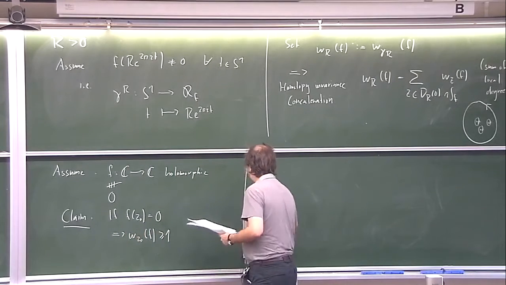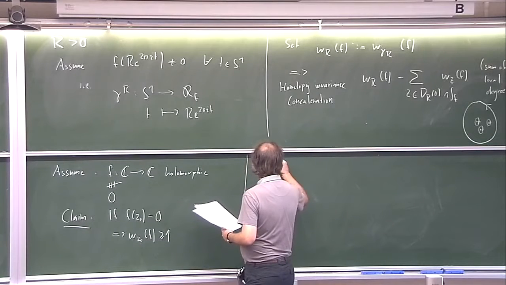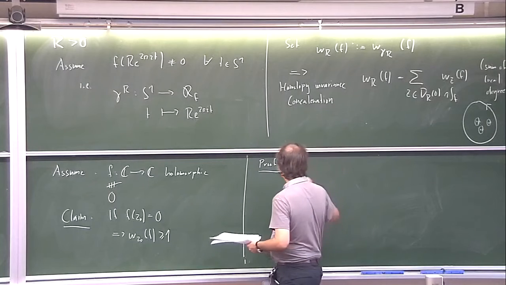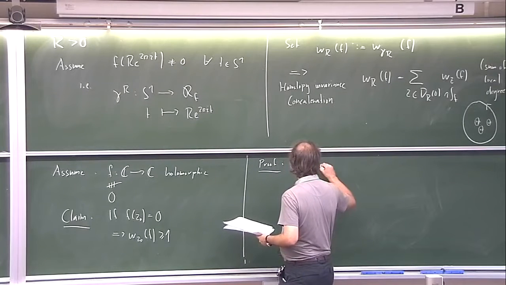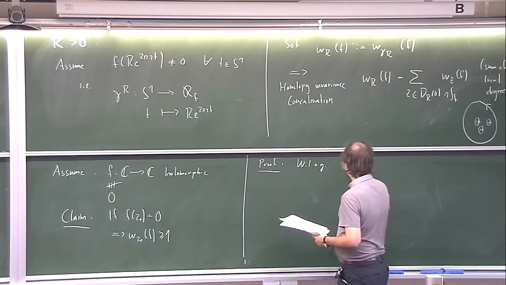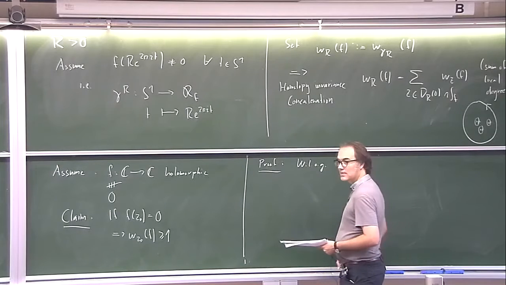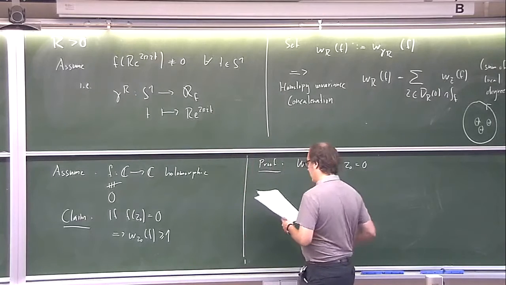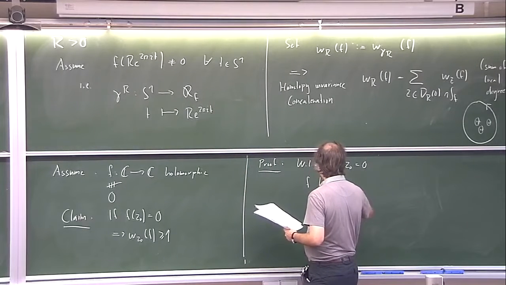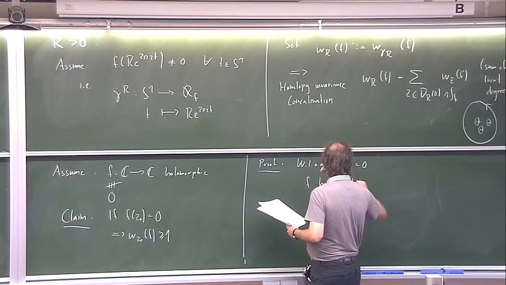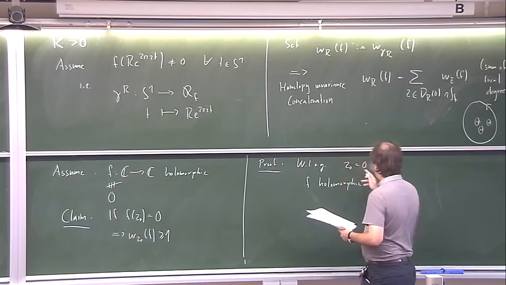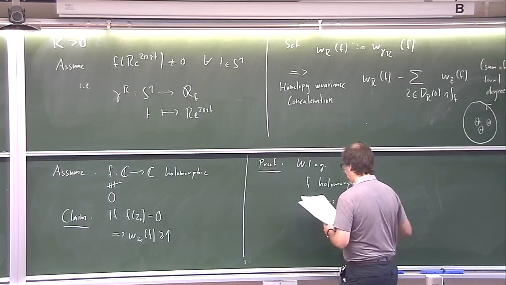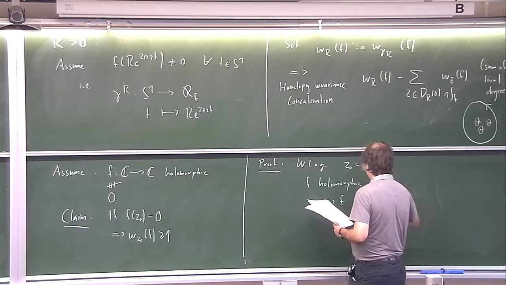And let's prove this claim. Without loss of generality, we can assume that z0 is 0. Everything is translation invariant. And f is holomorphic, so at least locally f is given by its Taylor series.